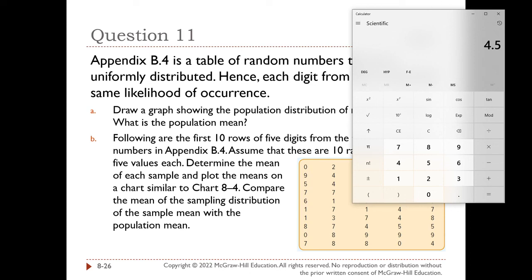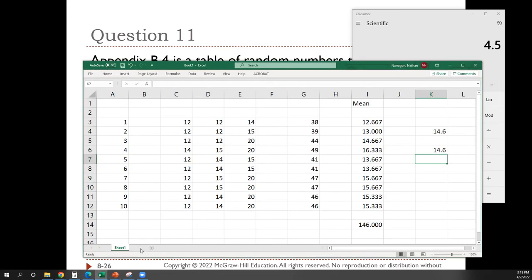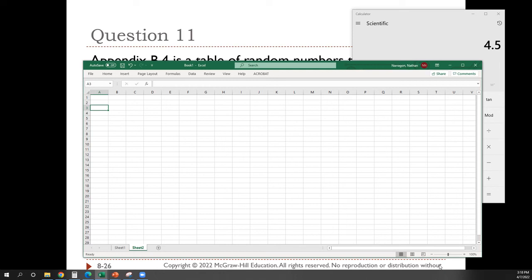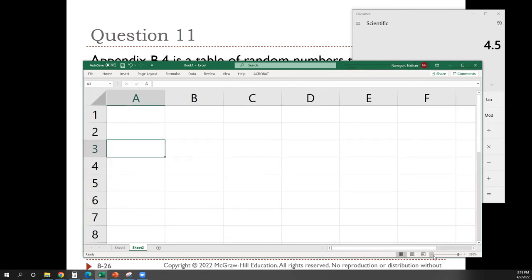So if we wanted to actually put them all in, we could do the sum. So let's go ahead and bust out Excel. Go ahead and type these in real quick. Oh, a little bit too large.